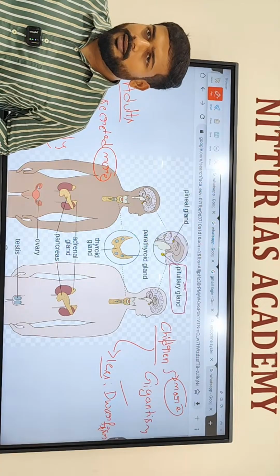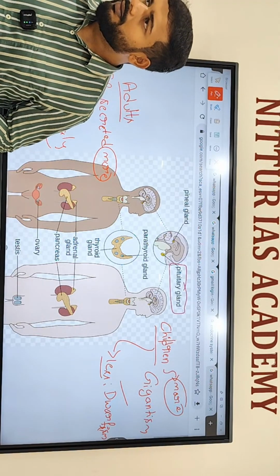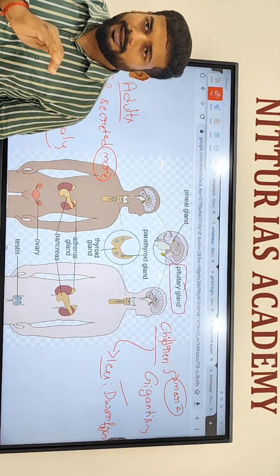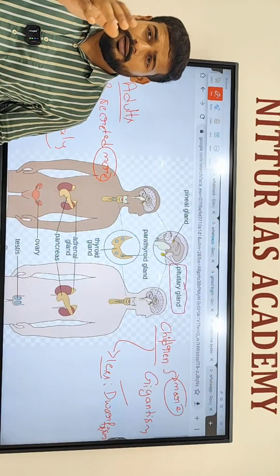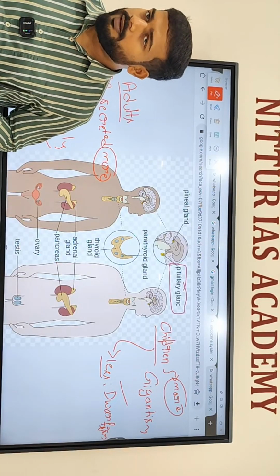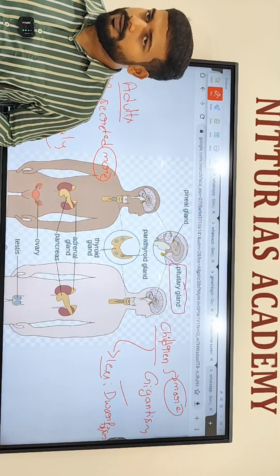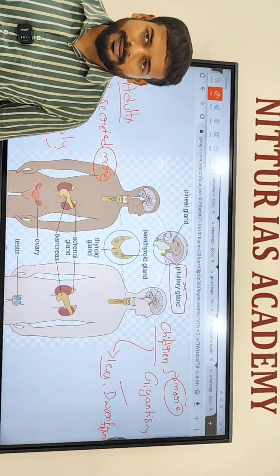Till the age of 14, 15, 16, the growth is normal. From the age of 15, 16 to 18, 20, rapid growth happens. Rapid growth means the jaw size increases, the bone size increases.